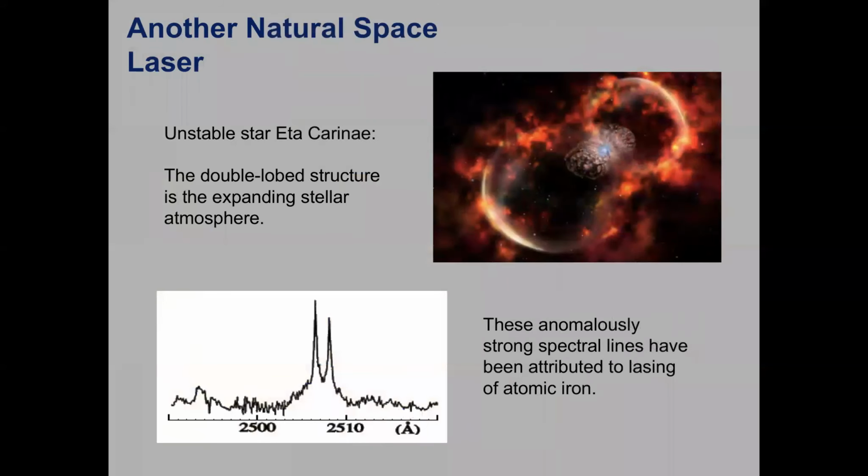That's this unstable star called Eta Carinae. The two lobes you see expanding are the star throwing off its atmosphere. Astronomers look at light emission from this star, and the x-axis here is wavelength in angstroms. They see these two very sharply defined peaks instead of a broad peak of light being emitted, and they've determined that this is due to lasing of atomic iron.